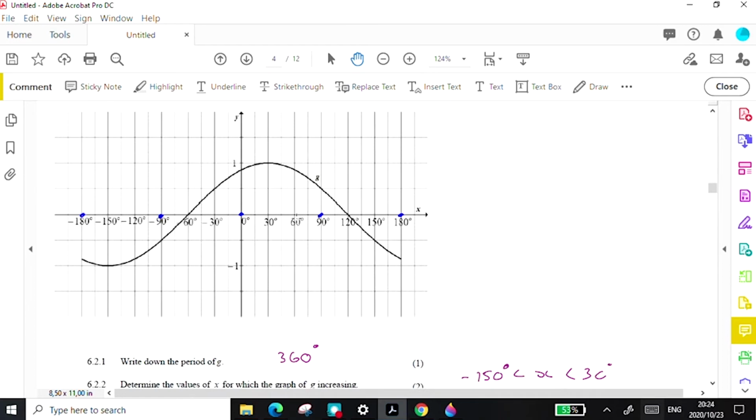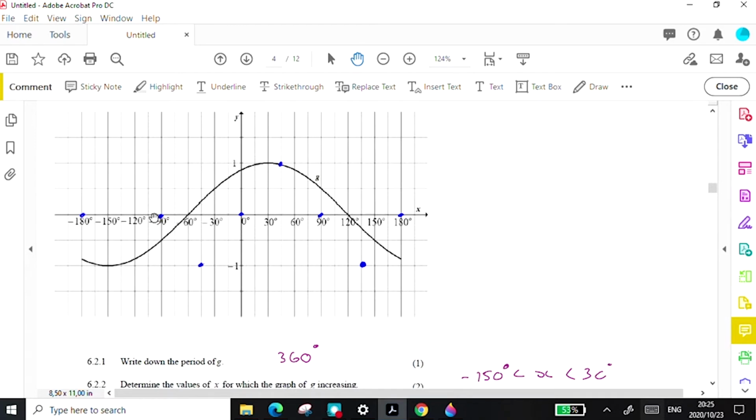f of x would be 1 at 90 divided by 2, which is 45. So this is 15, this is 30, 45. At 45, our function should be 1. And at 135, we should be at minus 1. Similarly, on the left, at negative 45, we should be at minus 1.